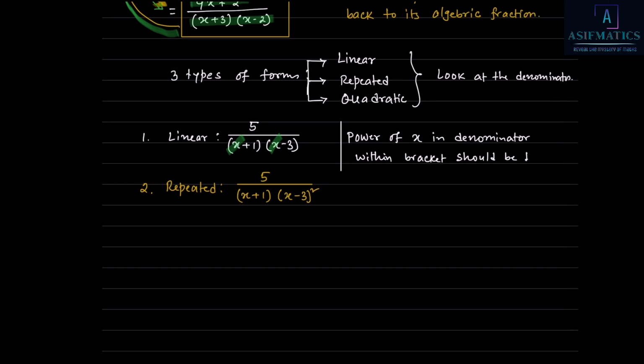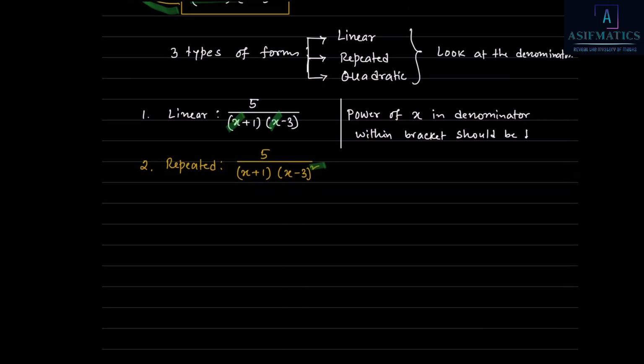The first one, the power of x inside the bracket was 1. Now the power here is whole square. So this will be the repeated type form. In the repeated form, there will be one factor which will be in whole square form. It can be both factors, or any one factor.